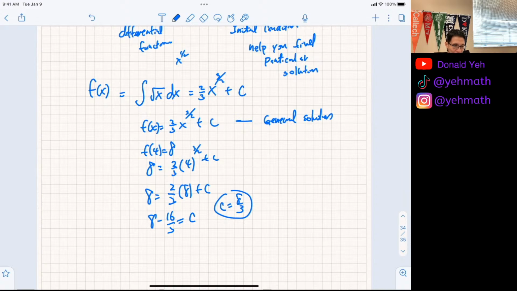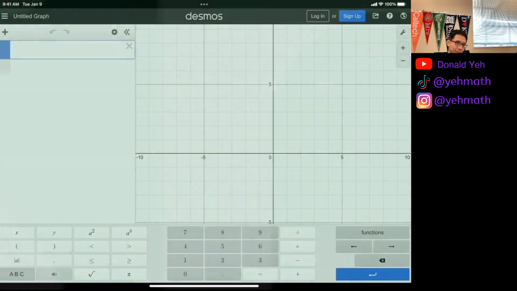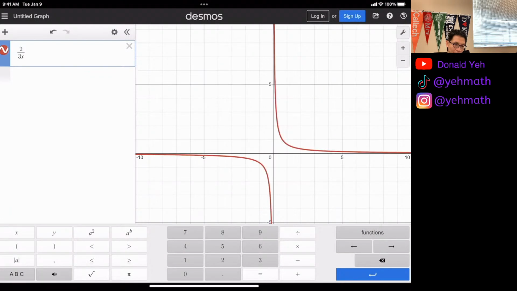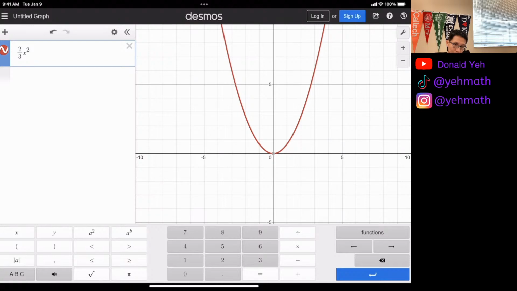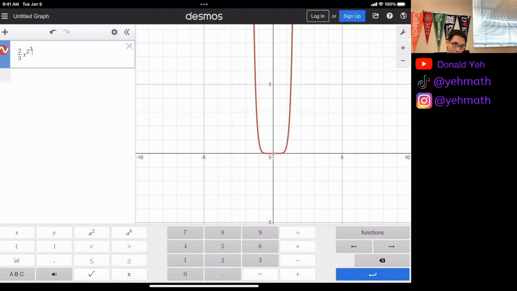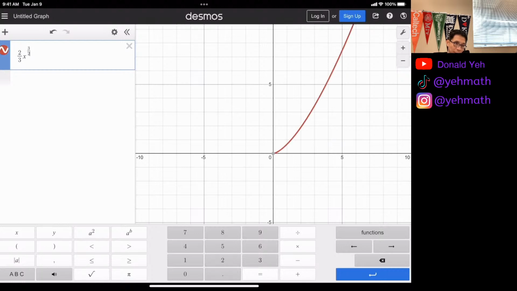What does this mean? This means if I have a function 2 over 3 x to the 3 over 2 plus c, it is going to look like this.